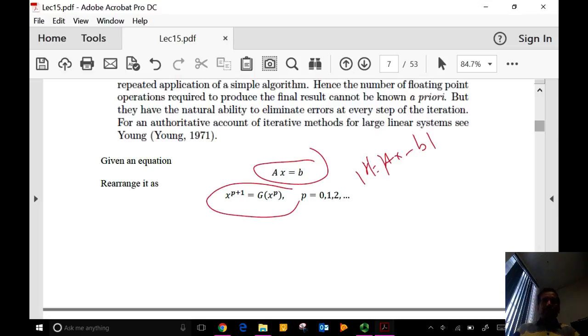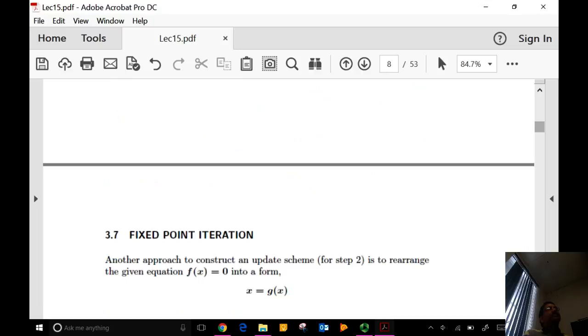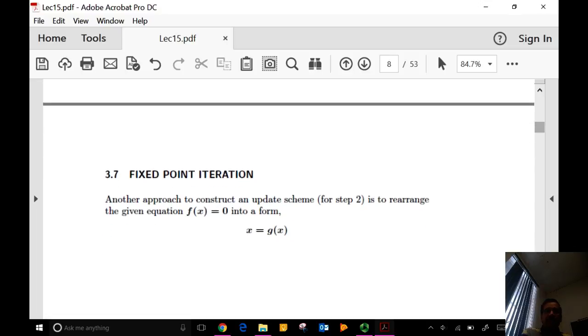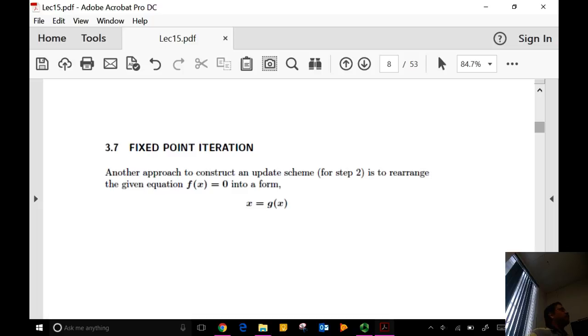Okay. So the next question is, okay, what is g? How do I define that g? And there are many, many variations in coming up with g, and that is the essence of your iterative method, how clever you are in coming up with an update scheme. So let's look at this, called fixed point iteration. Let's try to understand the idea of a fixed point iteration for a single nonlinear algebraic equation.